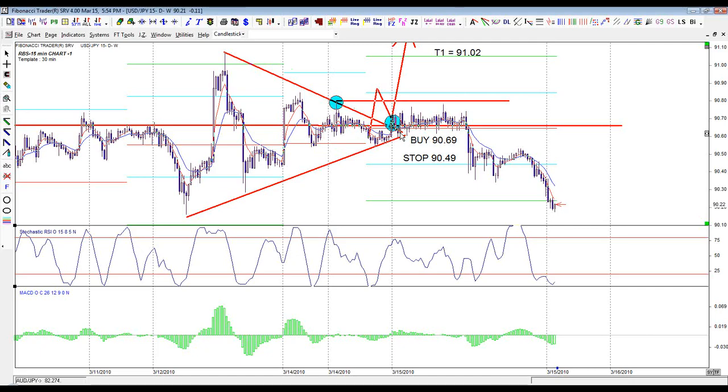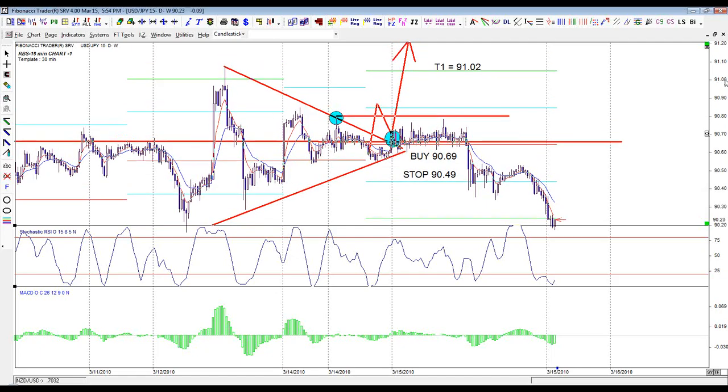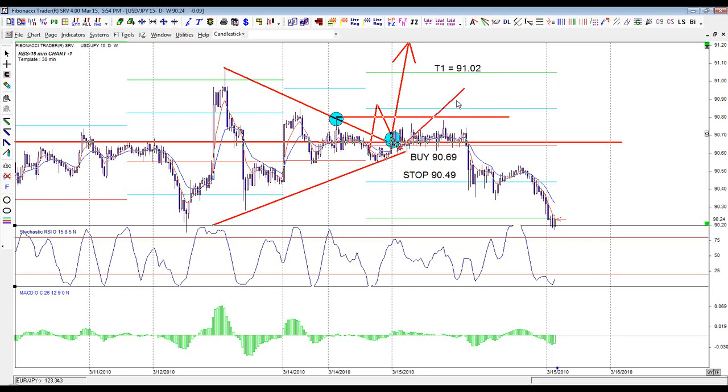It's forming the pennant. We know that, let's say, hypothetically, not talking about USD JPY, just any pair, if the numbers are better, the breakout will be to the north.